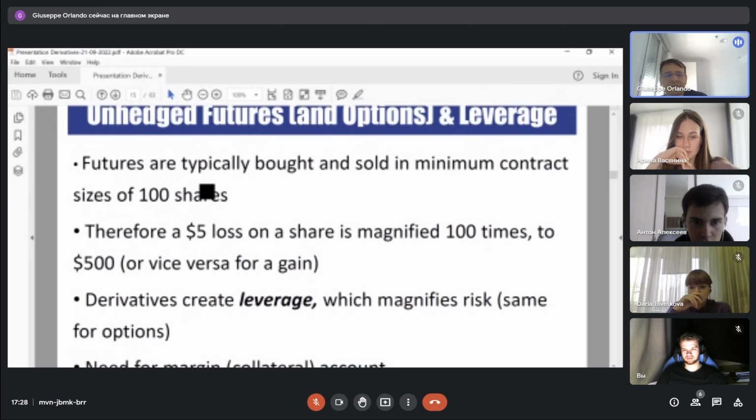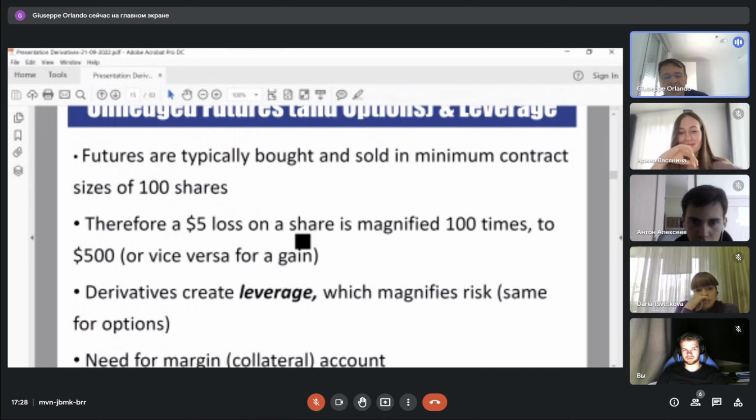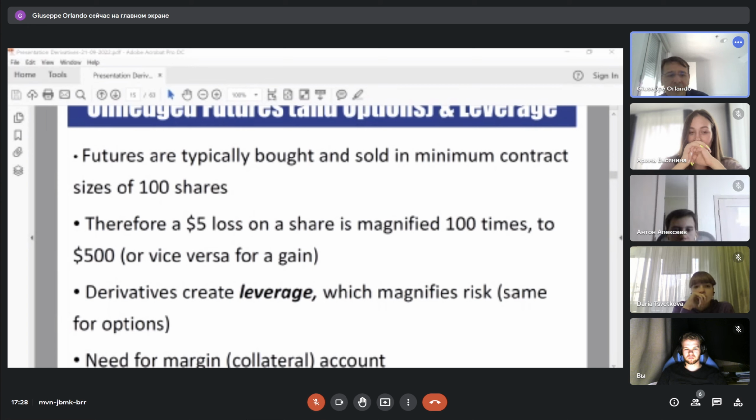Let's specify that derivatives derive their value from the value of the underlying. We said that, but the peculiar thing about derivatives is that there is leverage. And what is the meaning of leverage?